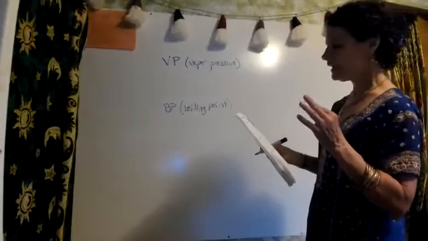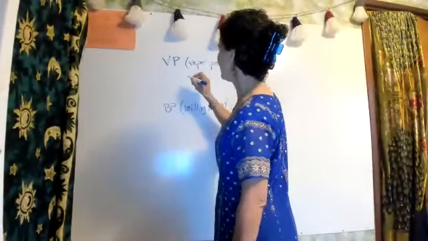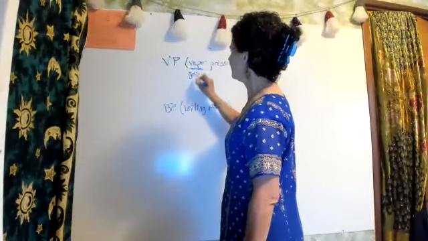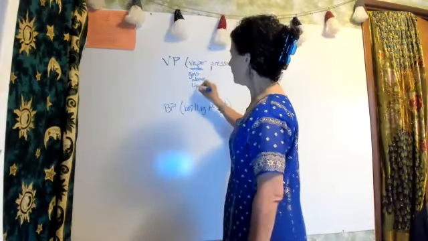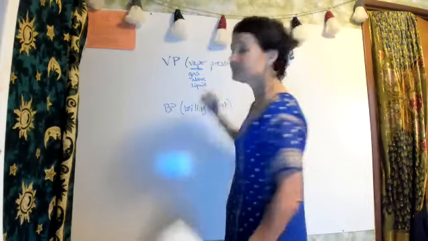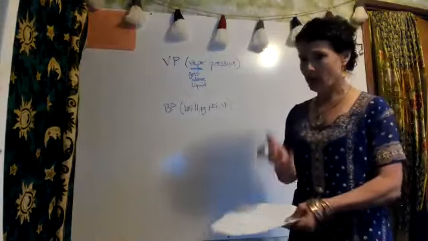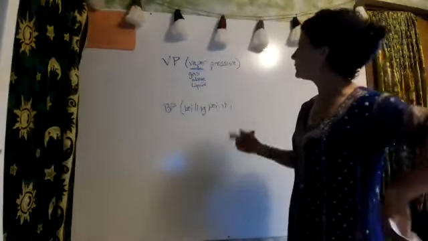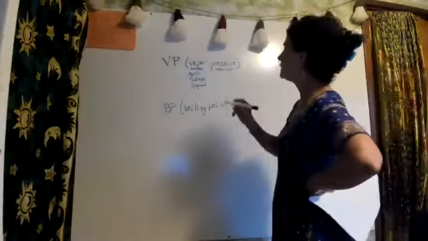So vapor pressure is, vapor is a term for gas above a liquid. If you in the morning make a cup of tea or a cup of coffee, or even just hot water, there'll be vapor coming off of it. And so we call that water vapor. Pressure is something we talk about much more next week.